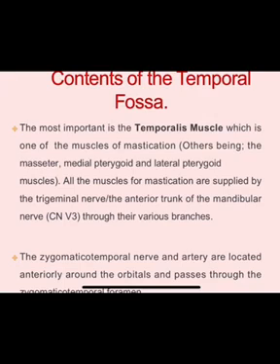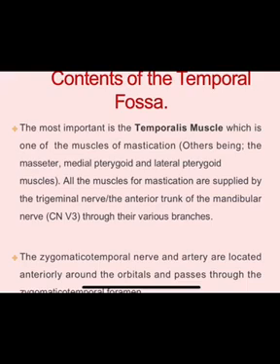And don't forget that all the muscles of mastication are supplied by the trigeminal nerve, via the anterior trunk of the mandibular nerve, which we call V3. So it gives branches that supply the muscles of mastication, including the temporalis muscle.